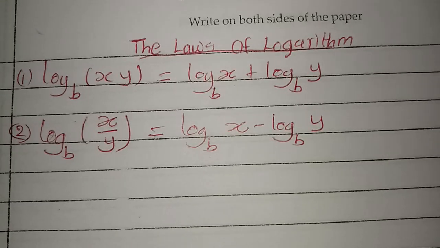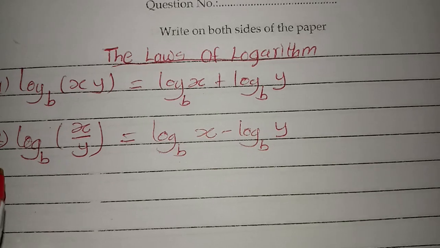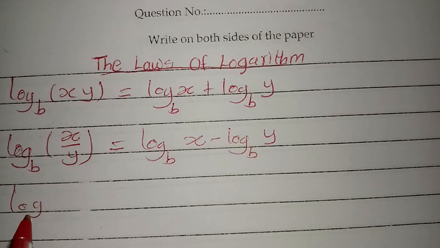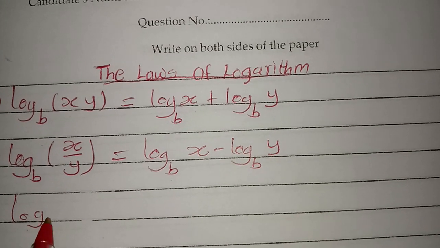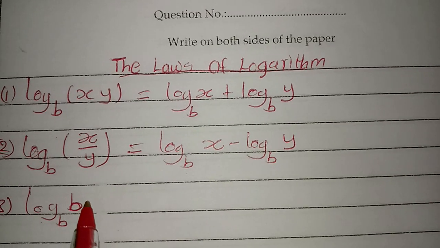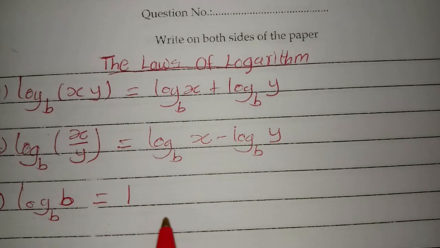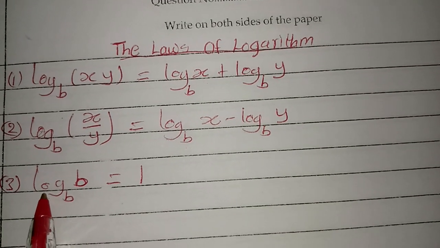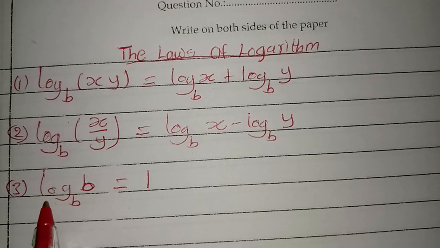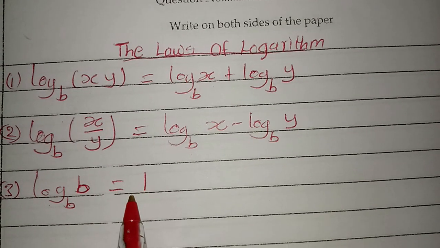Then the next law, which is the third law, we have log to the base b of b. Log to the same base is always equal to 1. So assuming you have log 2 to the base 2, it is supposed to give you 1.